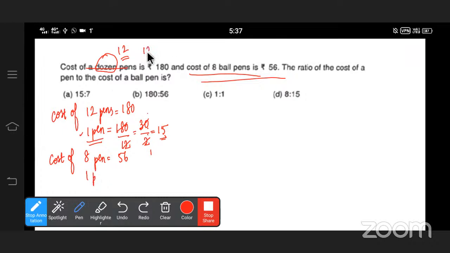The cost of 12 pens is totally given as 180 rupees. I am going to find out the cost of 1 pen because they are asking the question for one only. So I am going to divide these two numbers. Then only I get the answer for 1 pen.